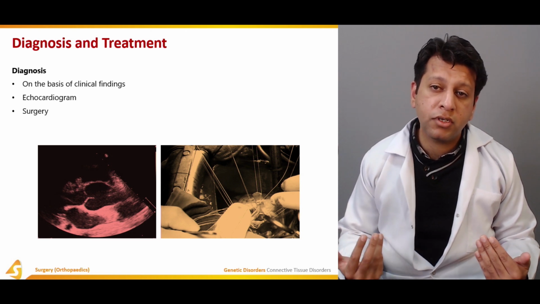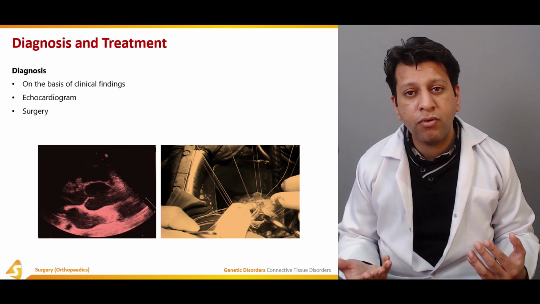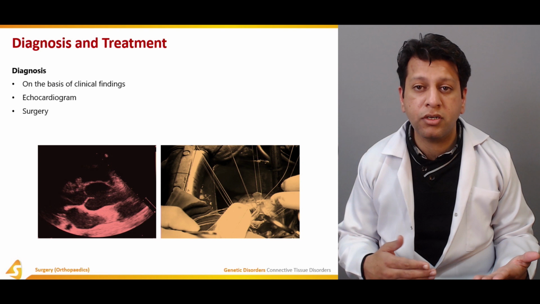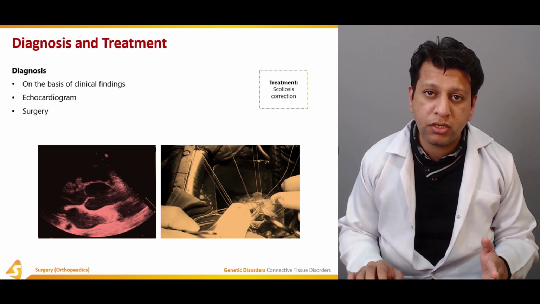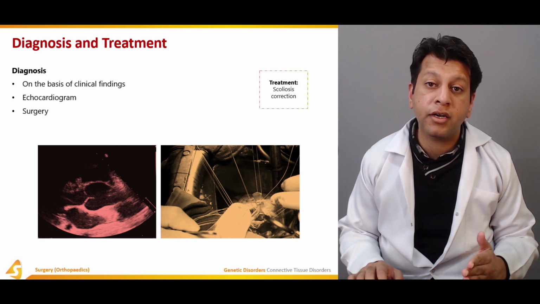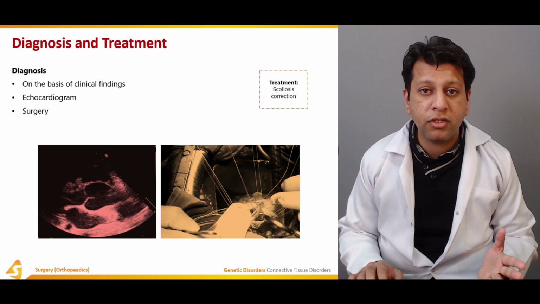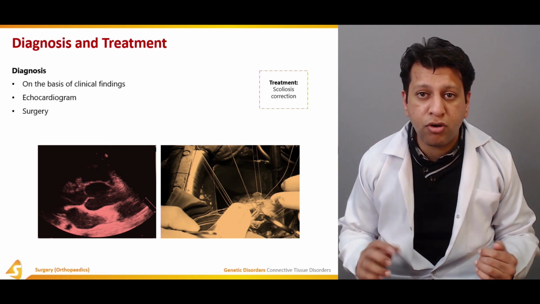Or if they present with some kind of hip or knee dislocation, then probably we have to go for a closed manipulation and closed reduction of these dislocations. So depending upon what kind of pathology it is, the treatment is directed at the complications, not the disease itself, because we know it's genetic and we cannot change the genetic component of the disease.